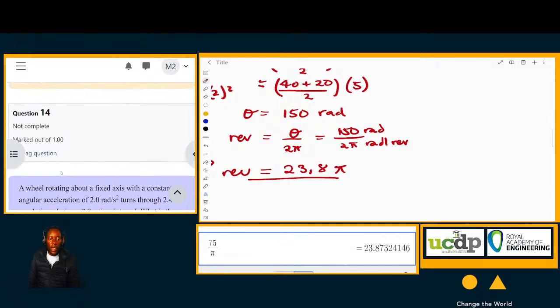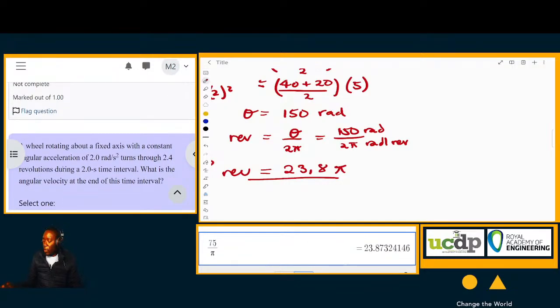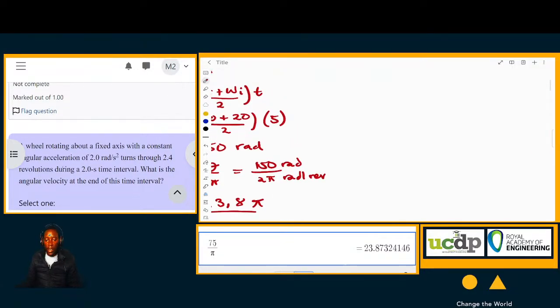Anyway, the next question, question 14, a wheel rotating about a fixed axis, again, with a constant angular acceleration. So this time we've got acceleration, alpha, is equal to 2 radians per second squared. Turns through 2.4 revolutions. So theta equals 2.4 times 2 pi radians.